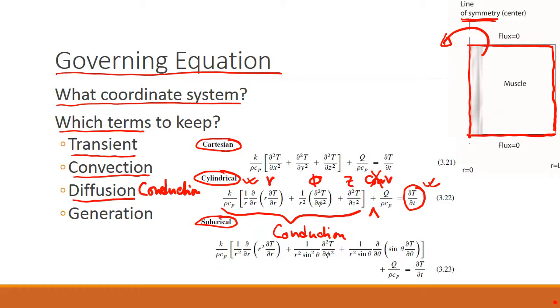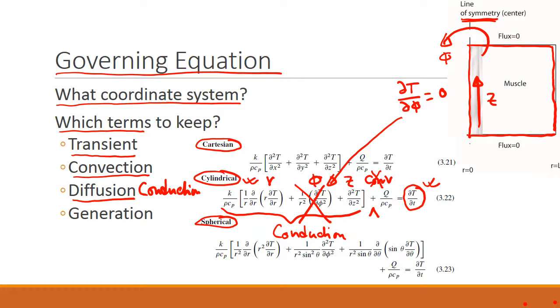If it is symmetric, that means temperature is not changing with phi, so that is written as del T del phi is equal to 0, then obviously del square T del phi square is also 0. Then we also said that it is kind of long in the z direction.